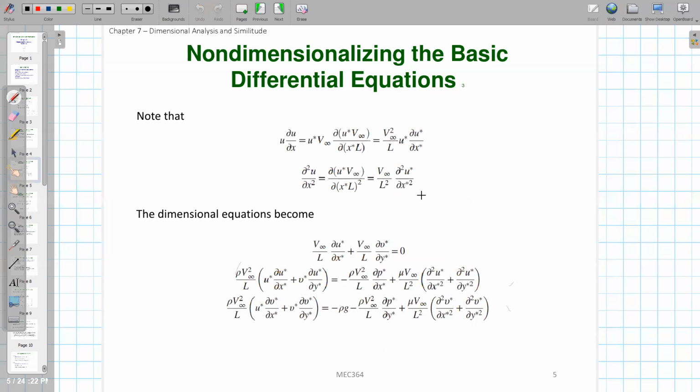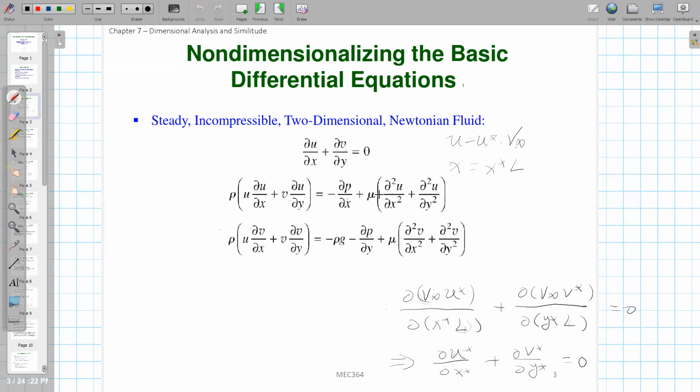So for example, this is the dimensional form of the x direction momentum equation, right? We know the meaning of each term. This is a convection term for the momentum, how the momentum is moving due to the flow motion. This is the pressure work, and this is the viscous work.